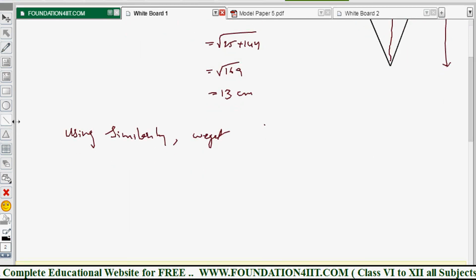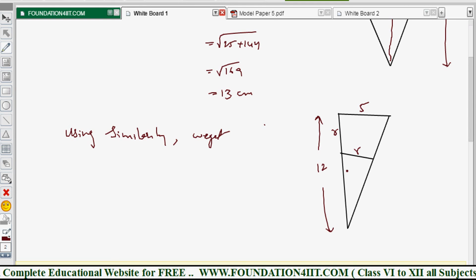For example, in the triangle, this is the height. This is 5 and this is R, and this is totally 12. And this part is 12 minus R. And the 13 is the total.